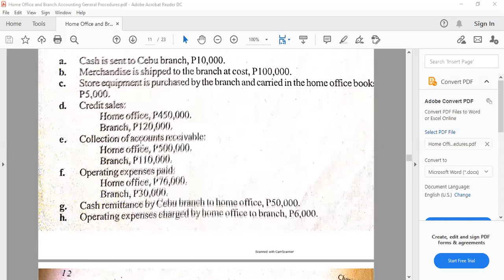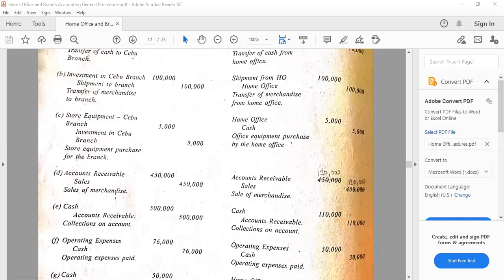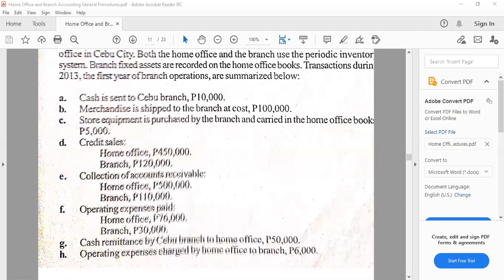Collection of accounts receivable, well, that's the debit to accounts receivable a while ago for letter D for the credit sales. So when we collect, we have to close it. So credit, of course, accounts receivable, and debit cash. So debit cash, credit accounts receivable, of 500,000 and 110,000 respectively.